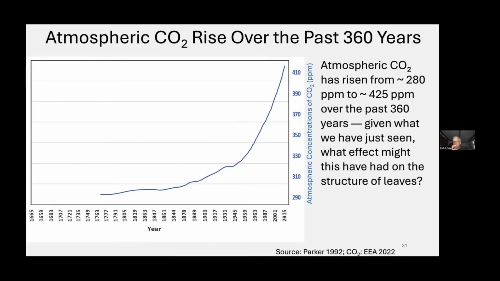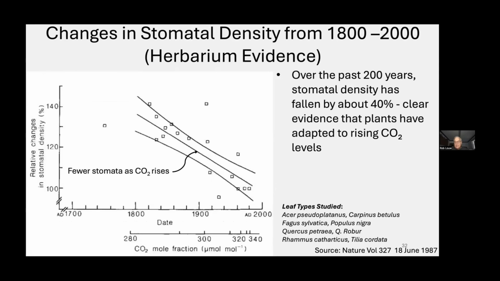Given what we've just seen, we should ask ourselves, what effect might this have on the structure of leaves? We've seen that in an experimental environment, the number of stomata on the leaves reduces quite sharply as the carbon dioxide levels increase. And here we have it.